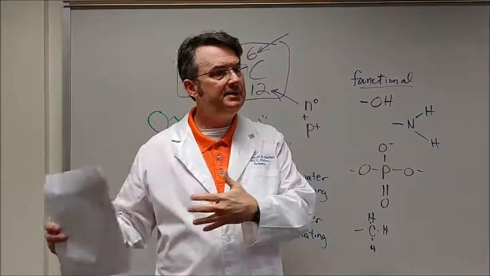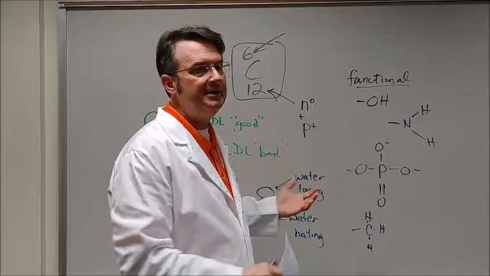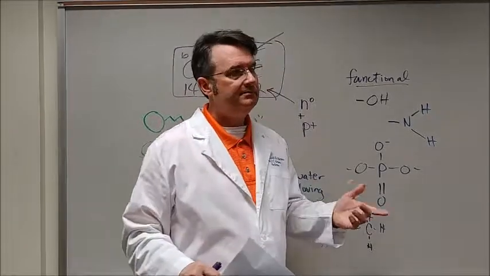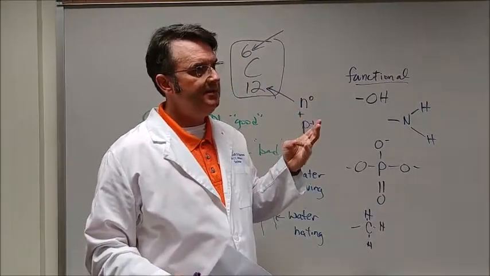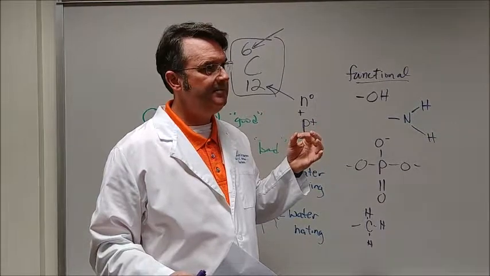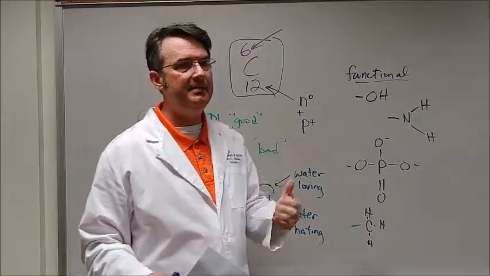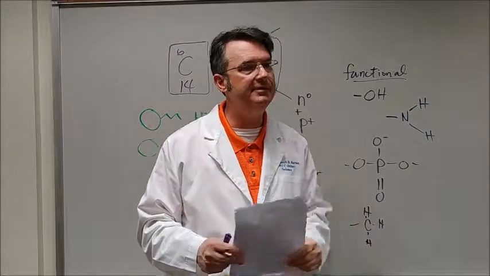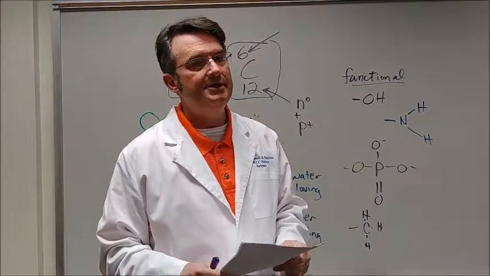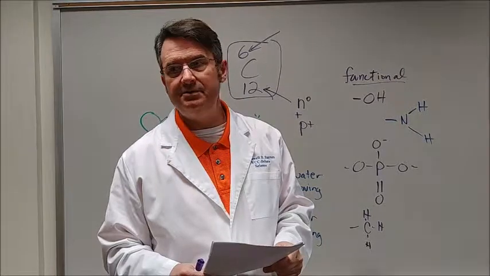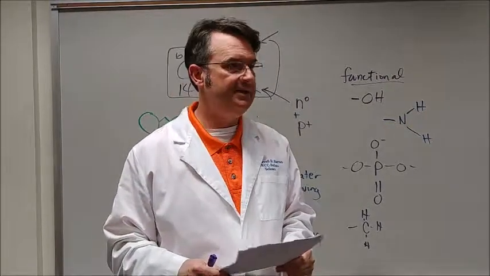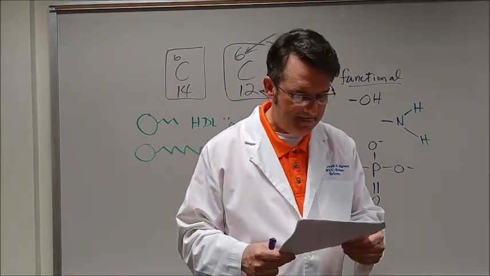If you go down 1, you're no longer carbon. Hydrogen, helium, lithium, beryllium, boron, carbon, nitrogen. So if you went down 1, it would be boron, number 5. So that top number tells you the identity of the element. If that changes, you've got a different element.